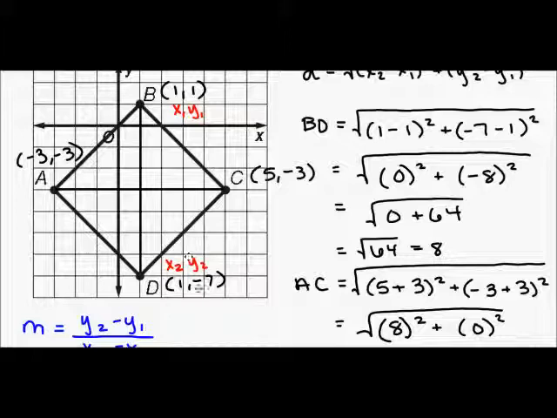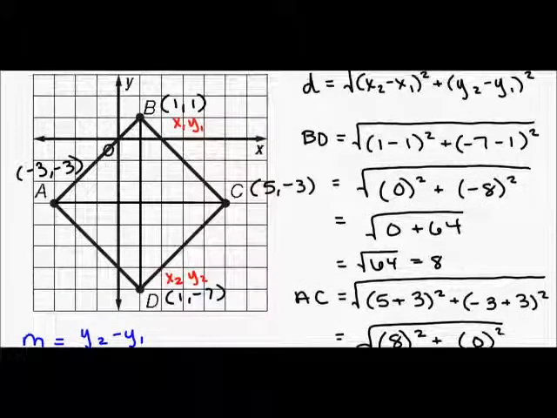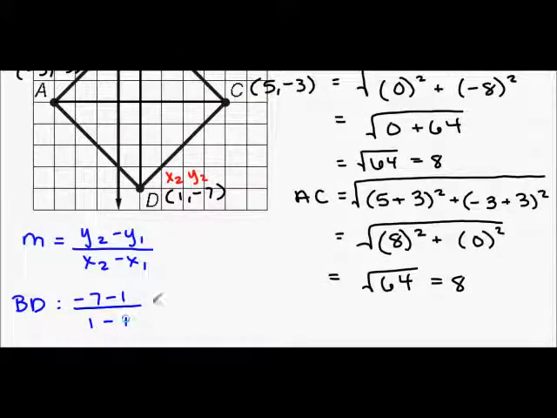We're going to have -7 minus 1 for our y's over 1 minus 1. On top we have a -8. On bottom we have a 0. This is a problem because you cannot divide by 0. Our slope is undefined.